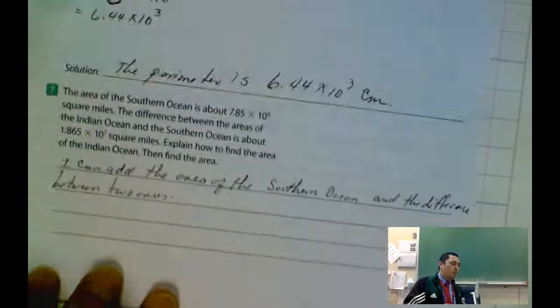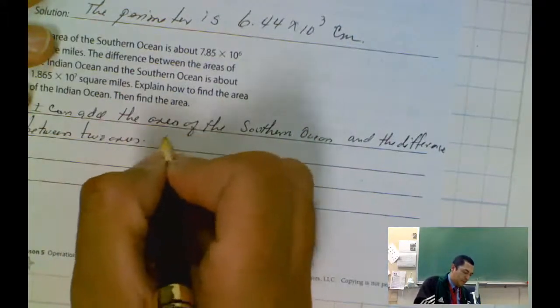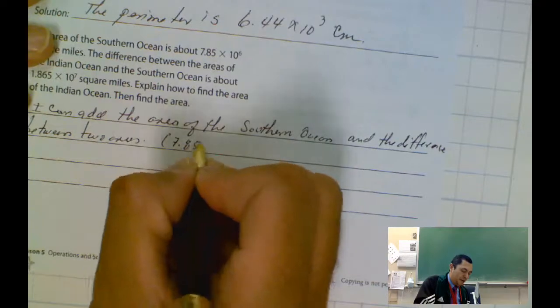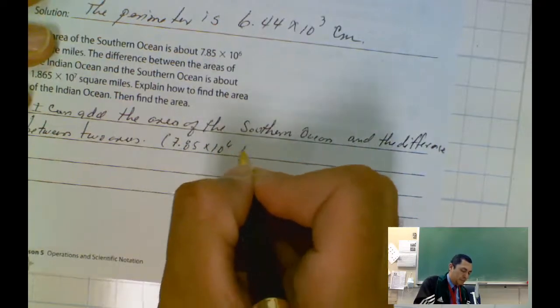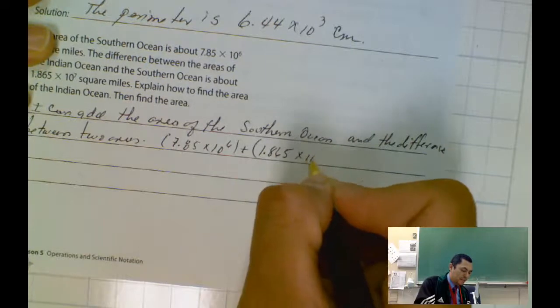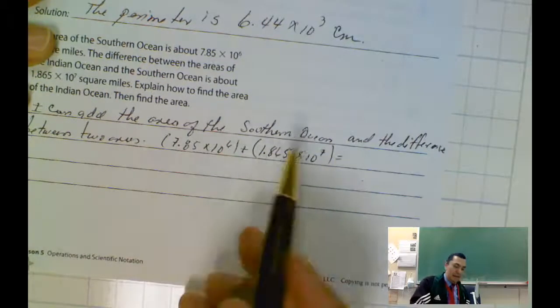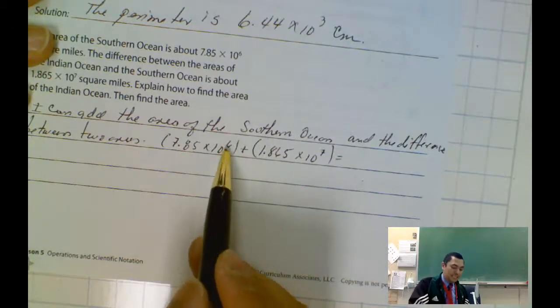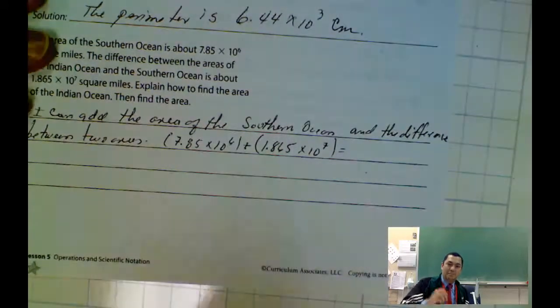Okay, so what are those steps? I'm going to type it here: 7.85 times 10 to the 6th power plus 1.865 times 10 to the 7th power. I cannot add those two because this is 6 and this is 7. I need to have the same exponents.